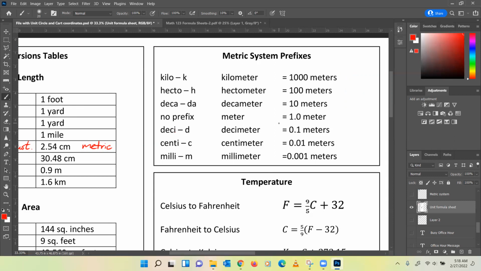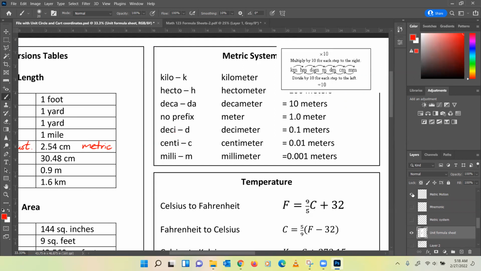And as a matter of fact, there is a table in our book that talks about that motion, how you can start with your base unit and see the base unit here. And then for each step to the right, notice up above, they show the arrow moving to the right, and you move your decimal that same distance.